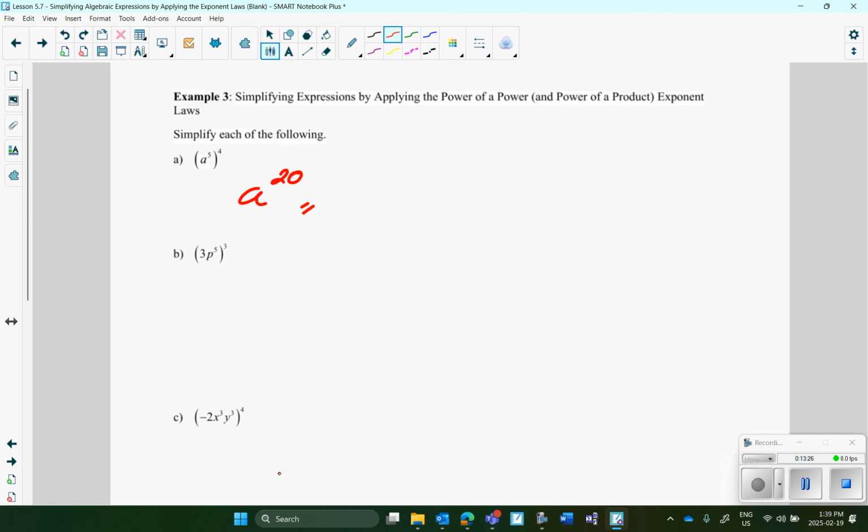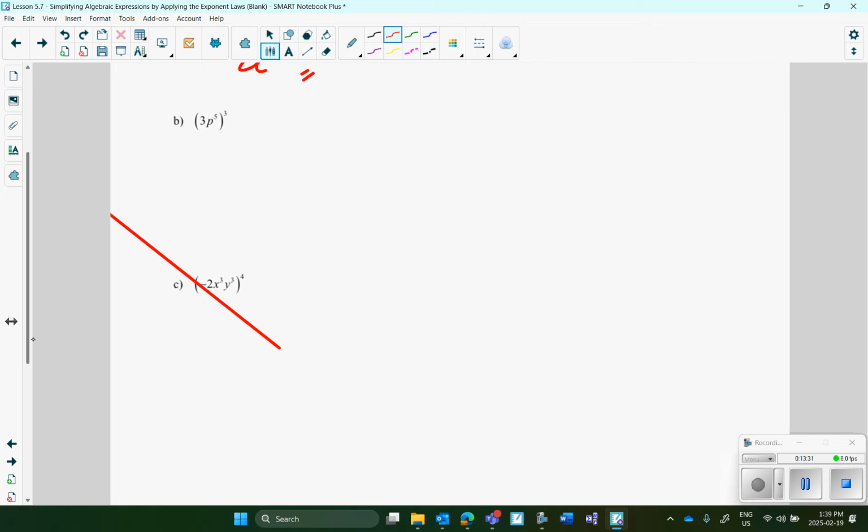Here's where you got to be careful. These next two. What do you think this would be? Almost. You did the p's right. But remember, don't I have to do 3 to the 3rd times p to the 5th to the 3rd?